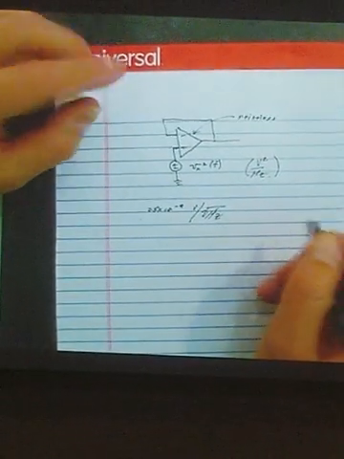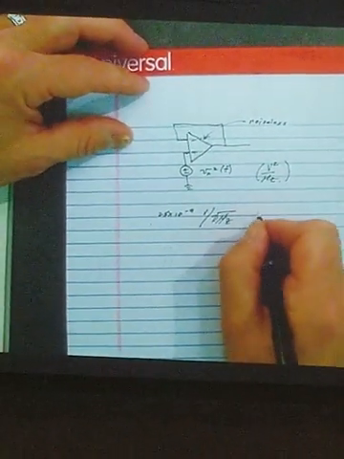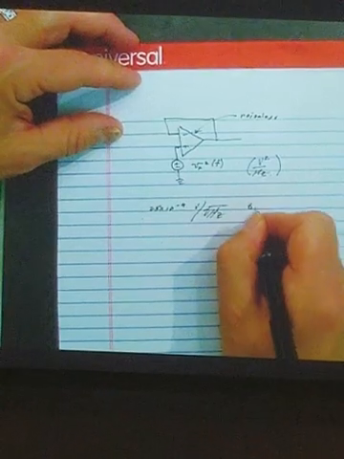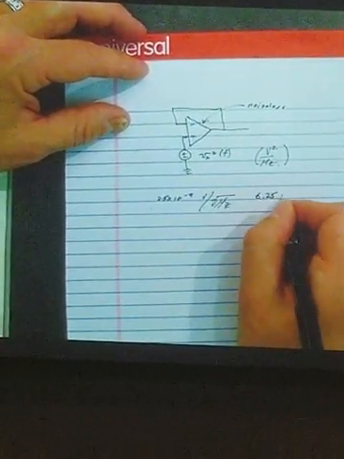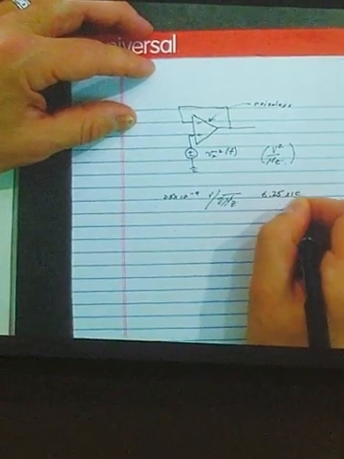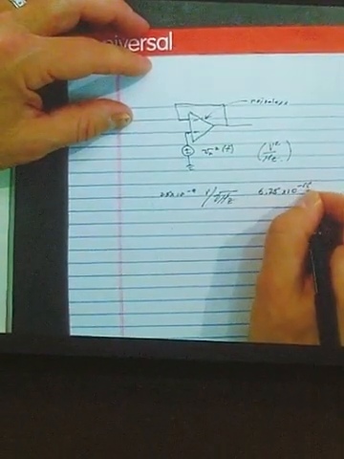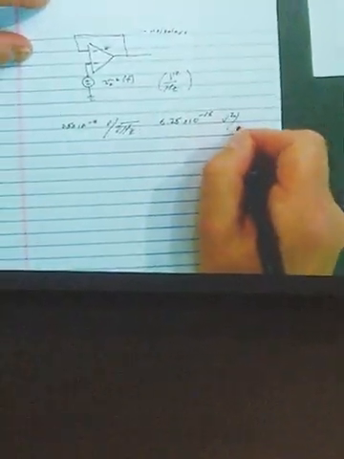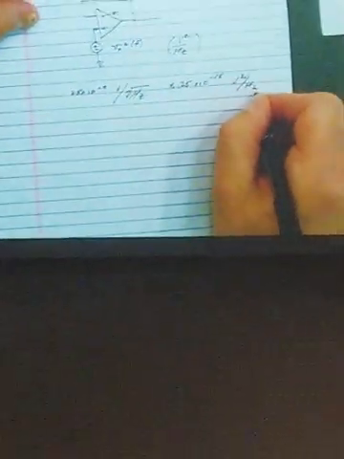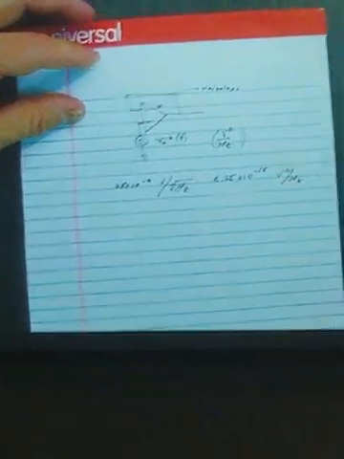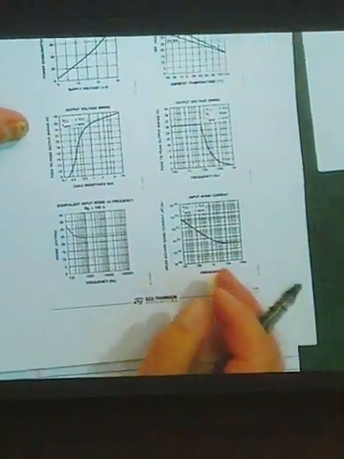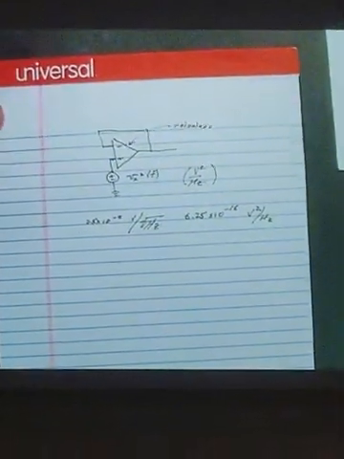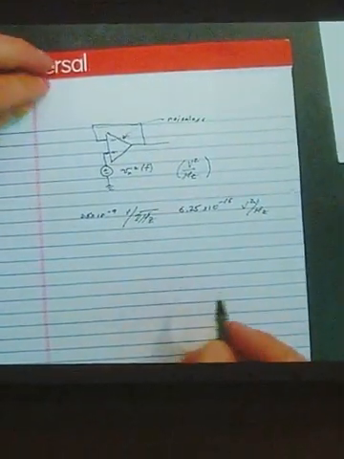Simply square that and you get 6.25 by 10 to the minus 16 volts squared per hertz. So all you have to do is square the values on this chart, and then you have the actual power spectral density.